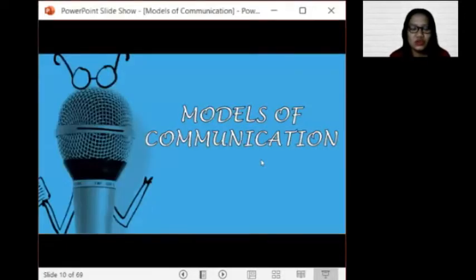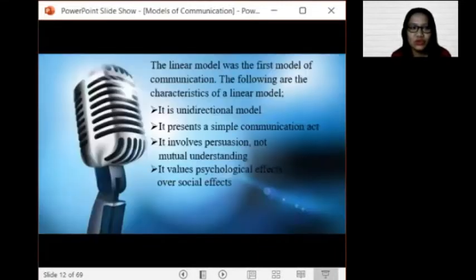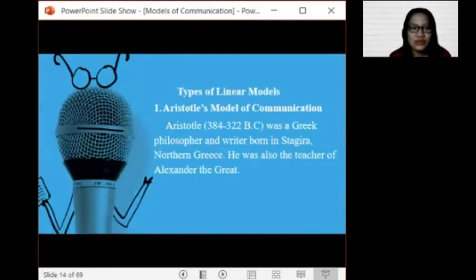Now let's go through the different linear models of communication, which, when we say linear, involve more persuasion. The first model under it is Aristotle's model of communication.